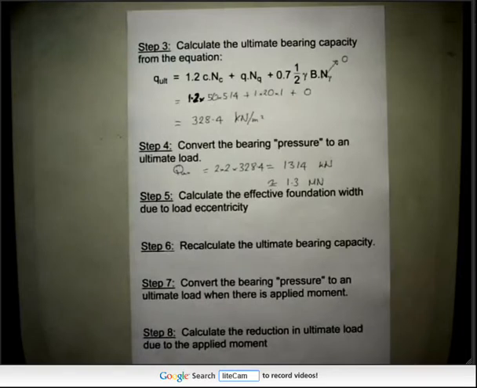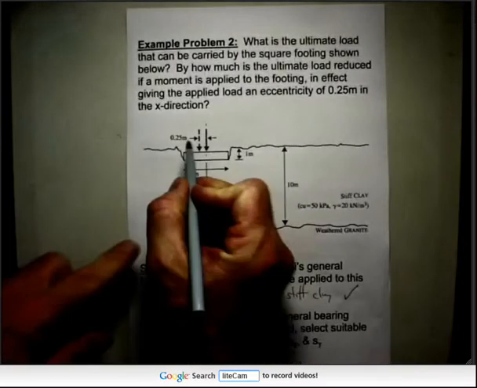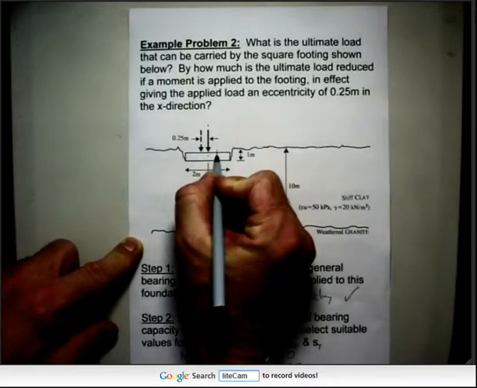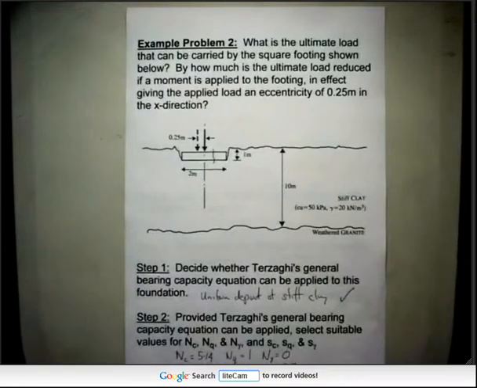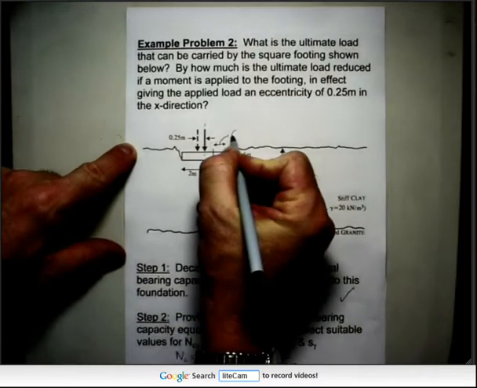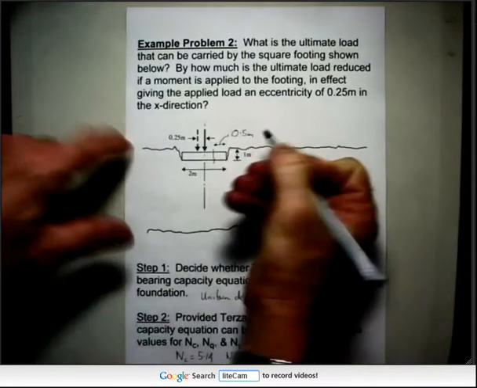We've now got to go back to the original problem statement and say, we've now got this moment applied. And we need to work out the effective width. So what we're going to say now is when this load here is being applied, we're going to cut off a bit of the footing so that the load is applied centrally. So if the load is 0.25 metres off centre, that distance there we have to cut off is 0.5 metres.